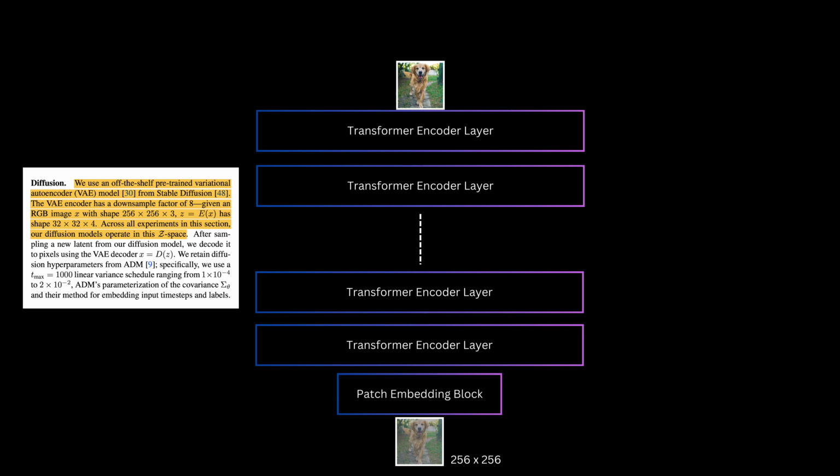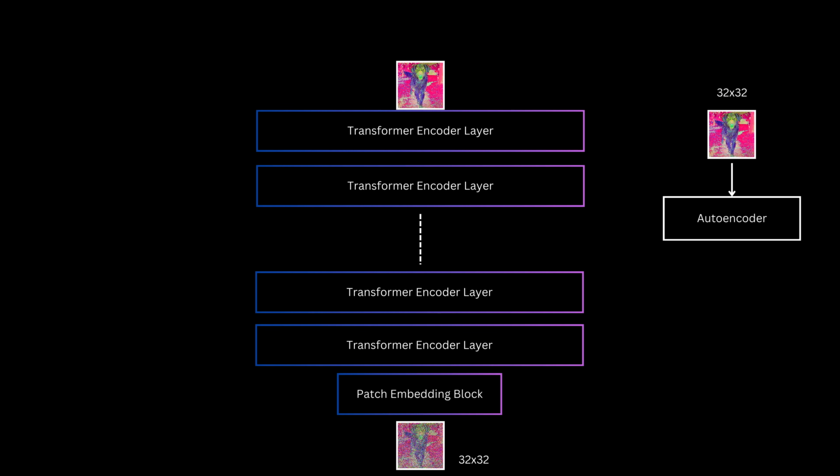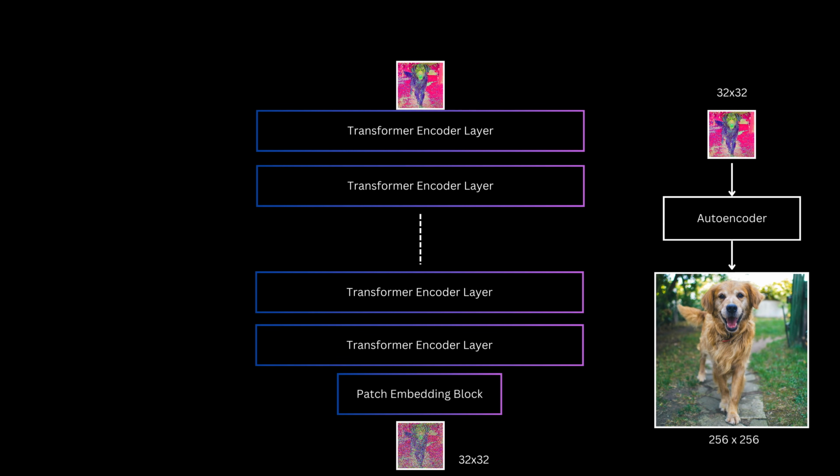So the input images will actually be noisy latent images of 32 x 32 with 4 channels, as that is the configuration of the VAE used. And the output will also be a latent space image or noise prediction. And after the last transformer layer, we would get the denoised image prediction and feed it to the pre-trained decoder of the VAE to get our generated image in pixel space.